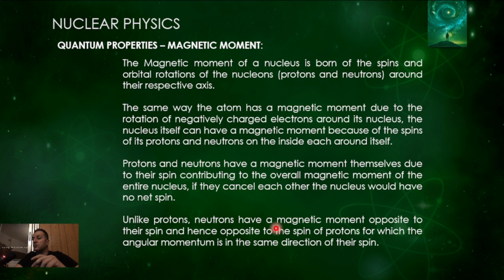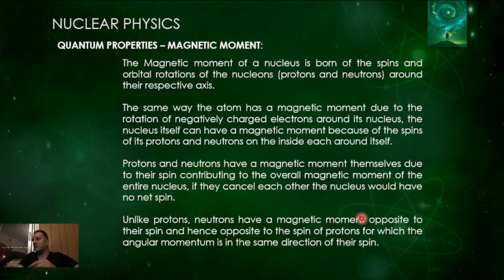Unlike protons, neutrons have a magnetic moment opposite to their spin, and hence opposite to the spin of protons. Due to the fact that neutrons are not actually charged particles, they have a magnetic moment opposite to their spin.